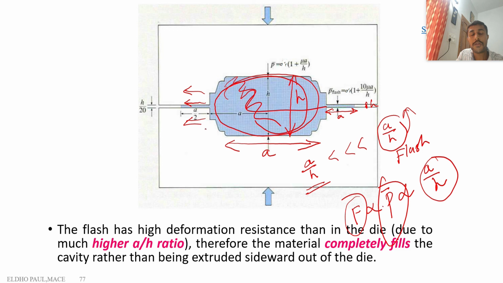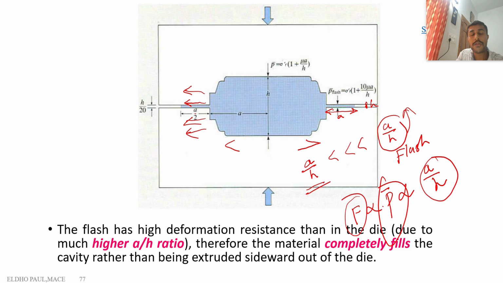So the flow of material requires higher pressure in the flash area compared to the bulk area, so that all the corner points are filled with material. Only then does the material start to flow through the flash area. So that is the importance of flash: it acts as a safety valve, as well as a high pressure region which offers resistance to the flow of material, because of the higher A by H ratio.